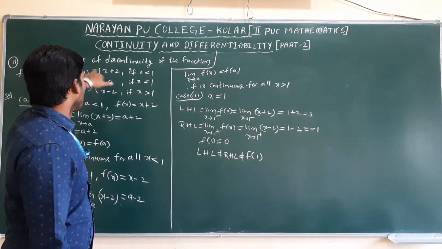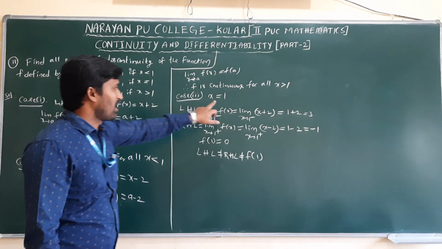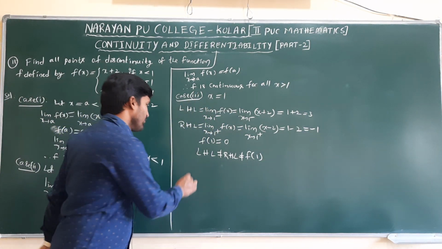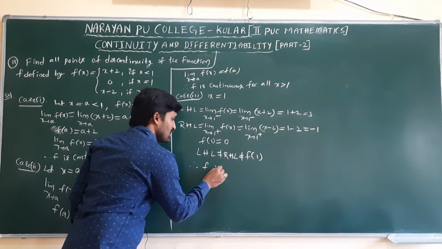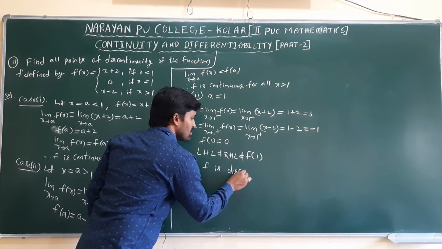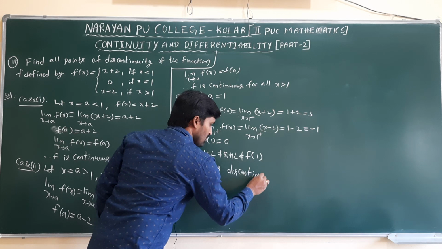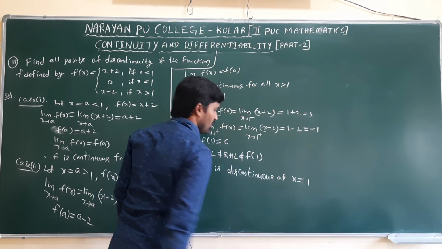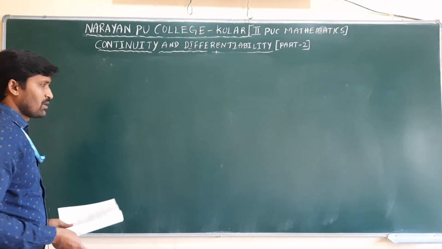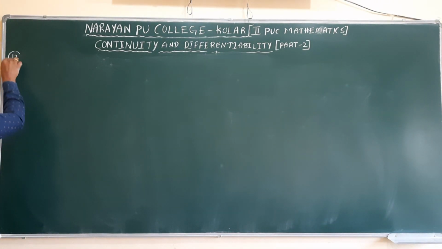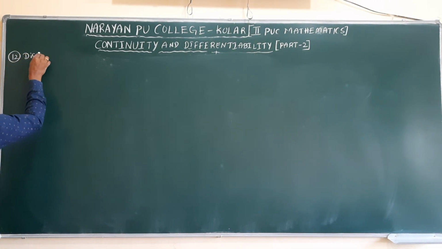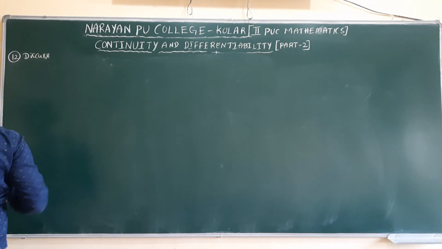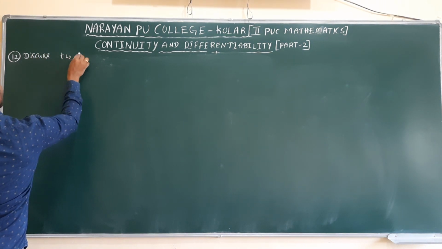So the point of discontinuity is at x equal to 1. Therefore, f is discontinuous at x equal to 1. Next, the 12th one. Similar to this model, I will discuss the continuity.